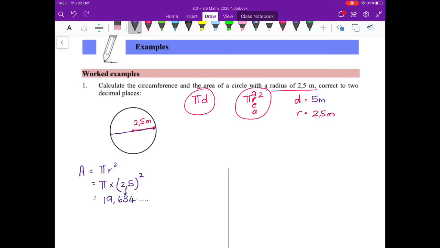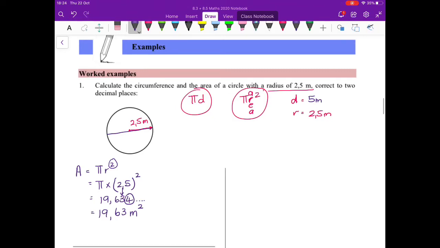We round to 2 decimal places. I look at the neighbor, which is a 4 or less, let it rest. So that is going to be 19,63. Area is square units, so I'm going to have meters squared.